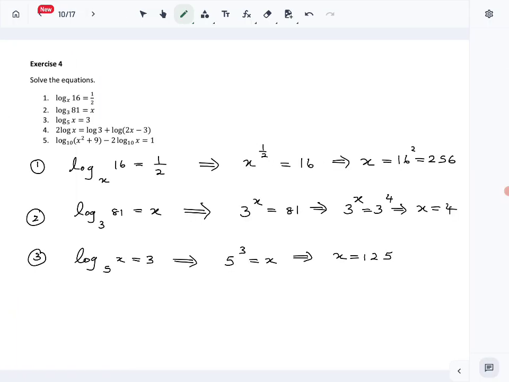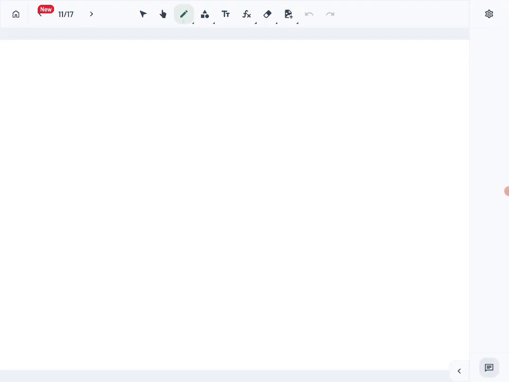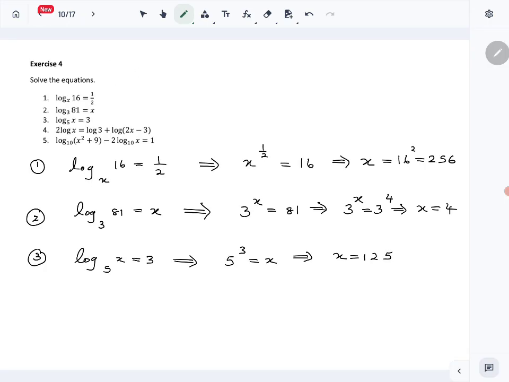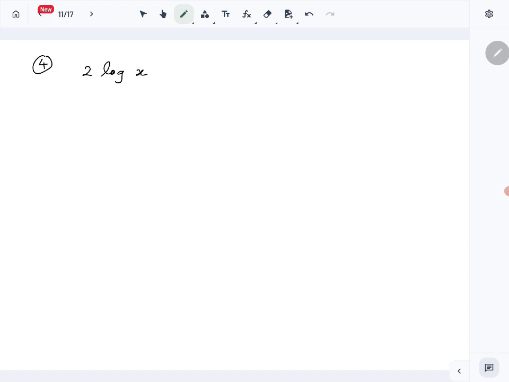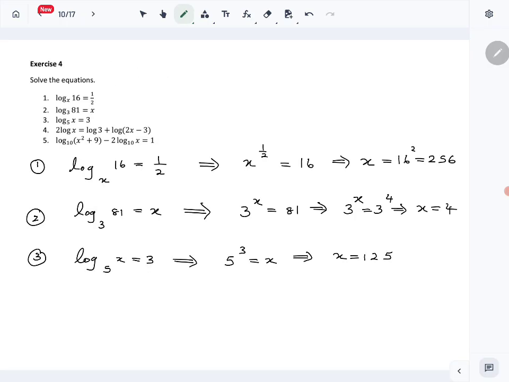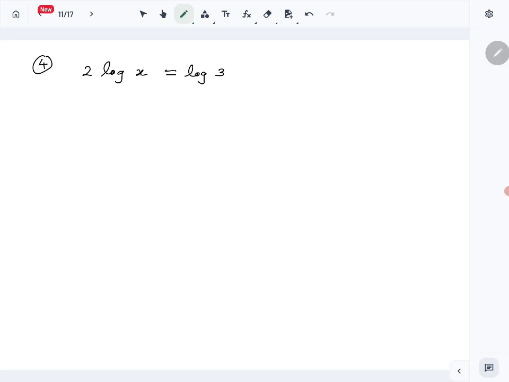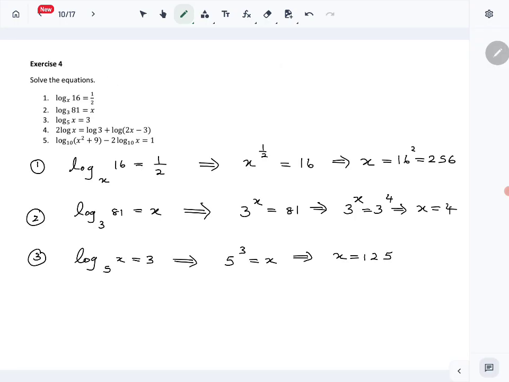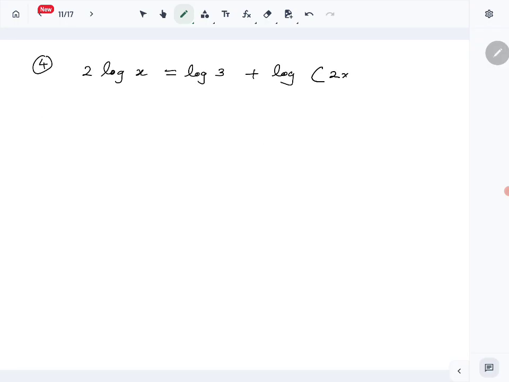Right. Then let's look at fourth one. So now fourth one is a little bit different because there's more than one log term. Plus log 2x minus 3.